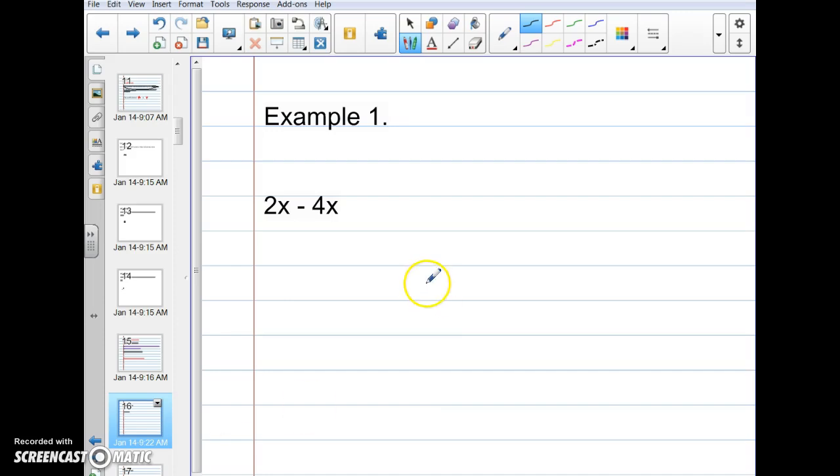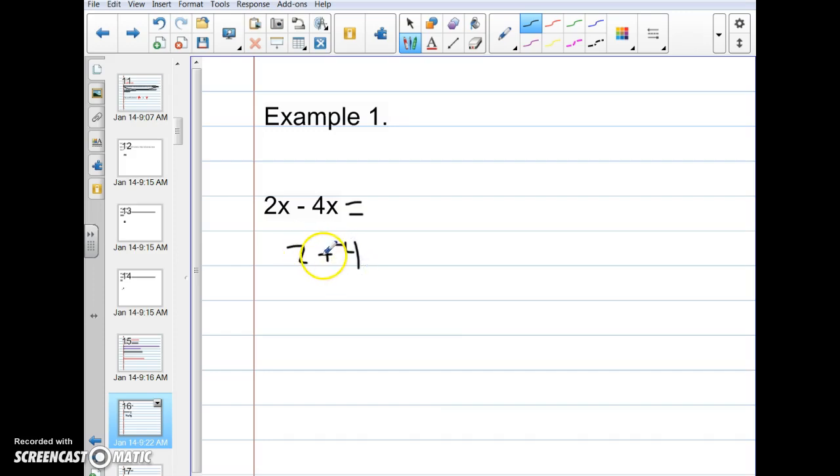Alright, moving on. Here's my first example of the day. So I'm going to do this one for you guys. If I have the same base and power, which, they're both x's, they're both power of 1, I can combine the coefficients. Now I have subtraction here, so I'm going to take 2 minus 4. If I have 2 minus 4, technically I can do same, change, change.